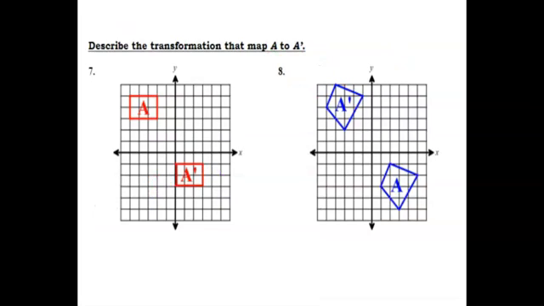Now let's look at number 7 and number 8. They gave us the images. We need to describe the transformation. So I need to go from the pre-image to the image. Okay? So if it's A, I then need to go to A1. So what I'm going to do is I'm just going to take one of the points and count. Okay? So I'm going to go to the bottom right one. I'm going to go right. 1, 2, 3, 4, 5.